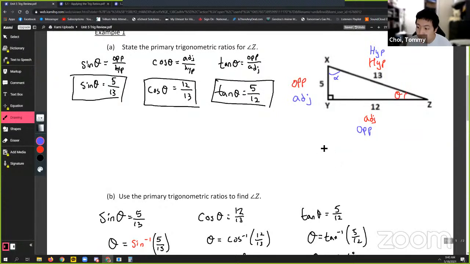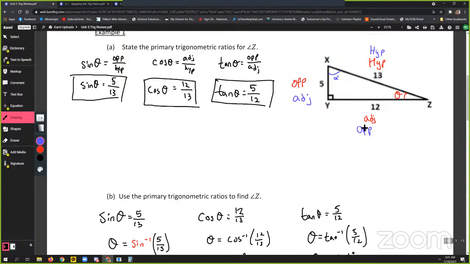Do you want to use sine? Do you want to use cosine? Or do you want to use tangent? It doesn't matter. It really doesn't matter which one you use, because in this case we have all three sides. So pick a trig ratio you want to use. Should we use sine, cosine, or tangent? What's the vote? Like I said, it's equivalent. Sine.